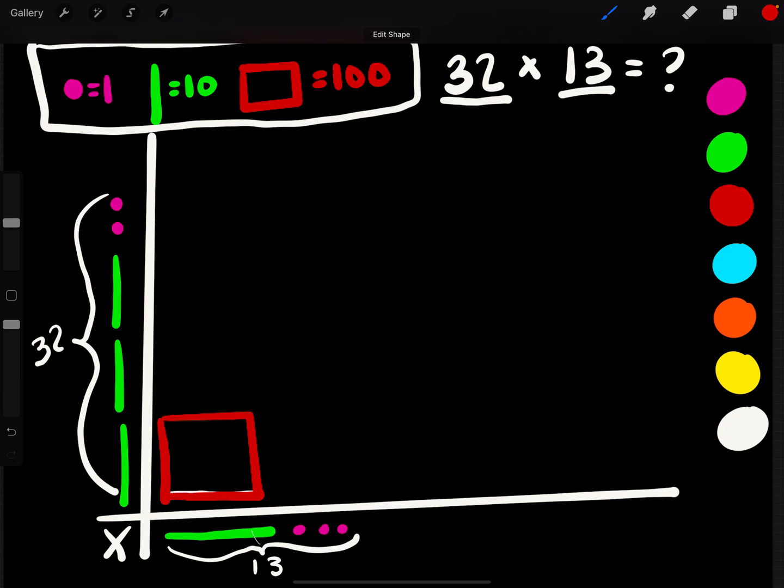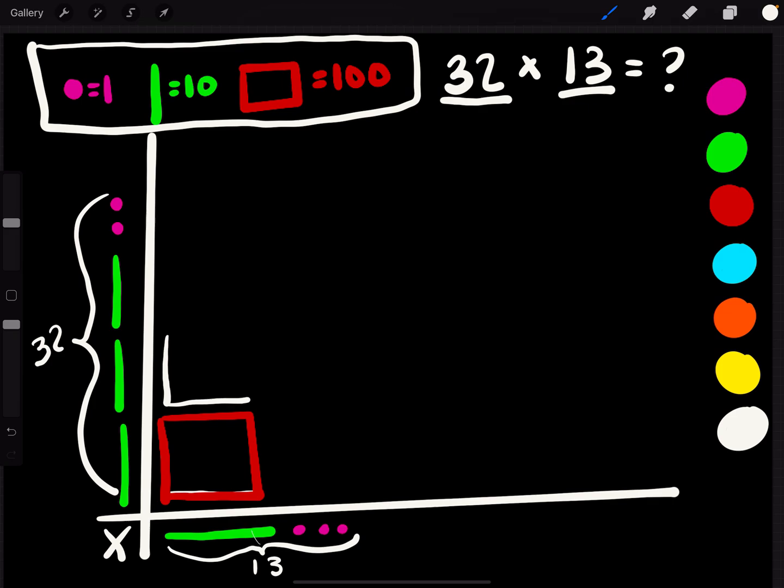Now we have 10 up, using that second 10 for 32, and then we also have 10 across. Again, we can't do an L. We have to do a solid shape, and so that turns into that hundreds flat. 10 by 10 equals 100.